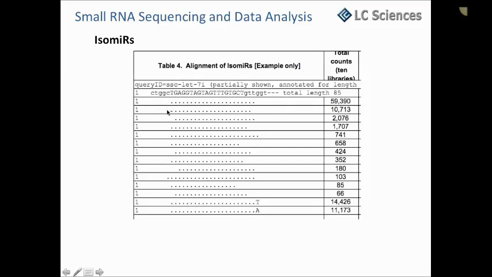But interestingly, you see here a second one that is shortened by just one nucleotide, which still has a pretty high read count of almost 11,000. And then you have other ones that are less prominent, really just a few copy numbers, but they're either shifted or truncated from one end or the other. This phenomenon is called isomers.